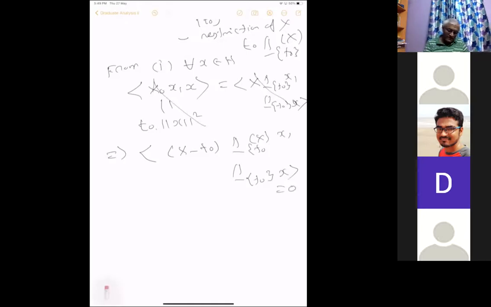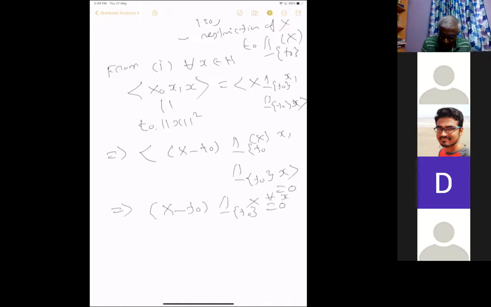I mean, the initial inequality is true for that, no? So because of that, this is true. Okay. So this implies x minus t naught 1 t naught x is 0. This is true for all x. So this is equal to 0. I mean, this is a complex Hilbert space.